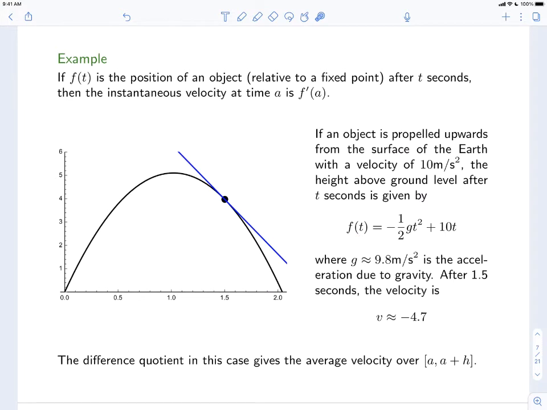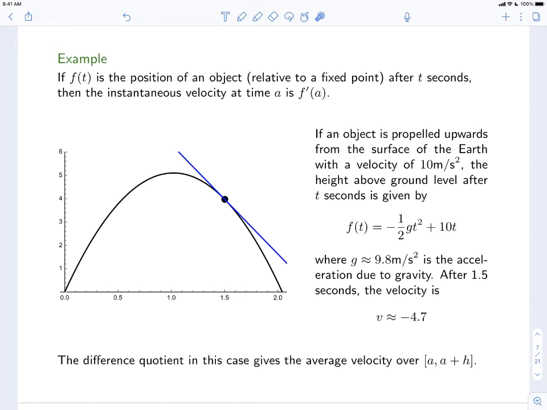F at t is equal to minus 1/2 g times t squared plus 10 times t, where g is the acceleration due to gravity. We put a minus sign in front of it just to indicate that it's going downwards. After 1.5 seconds, the velocity is approximately minus 4.7. In this case, the units are meters per second.